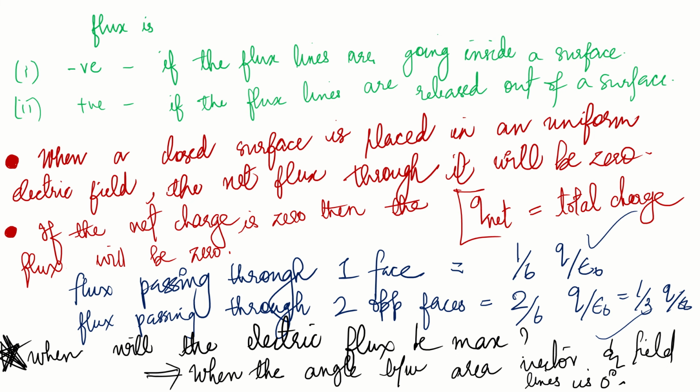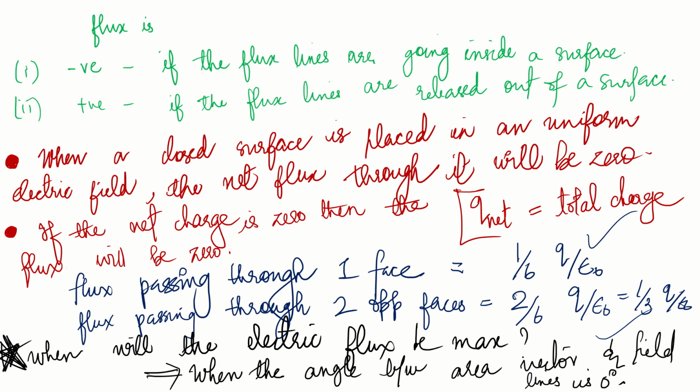There will be no net flux if it is a closed surface. Now if the net charge is 0, then the flux will be 0. If the charge is 0, then the flux will also be 0.